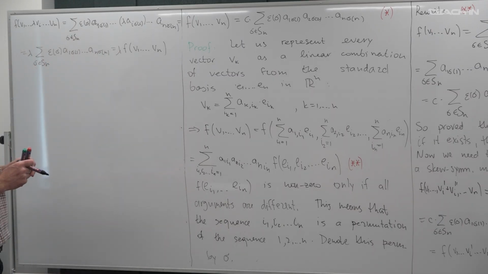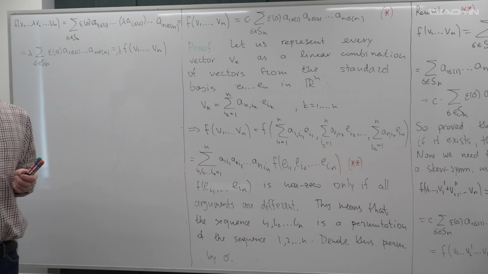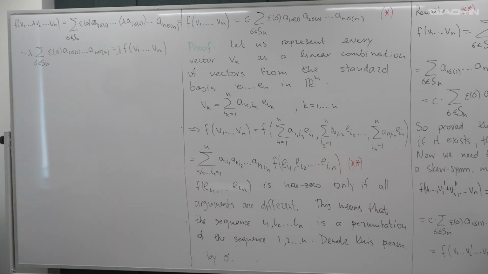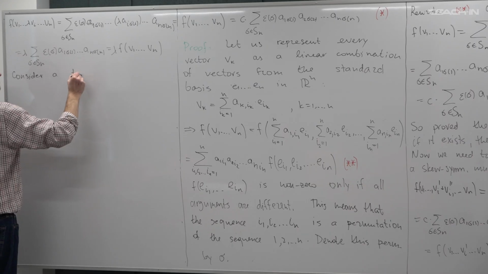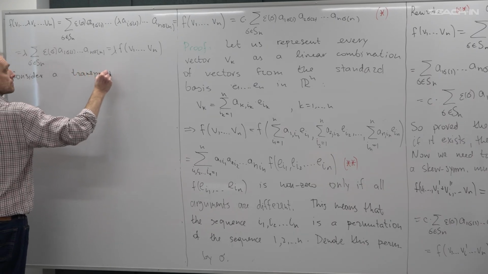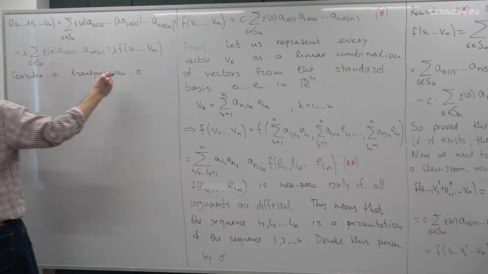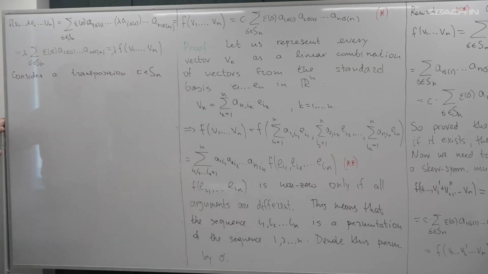And now we need to prove that this formula defines a skew-symmetric function. So we need to apply a transposition and look at what happens if we apply this transposition. So consider a transposition tau from our symmetric group. So what is f of v tau of 1, etc., v tau of n?